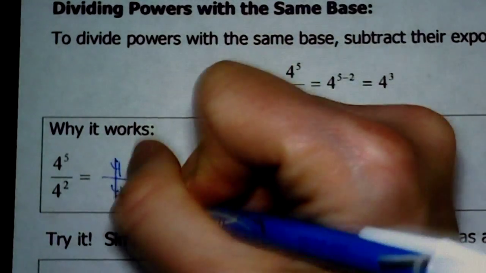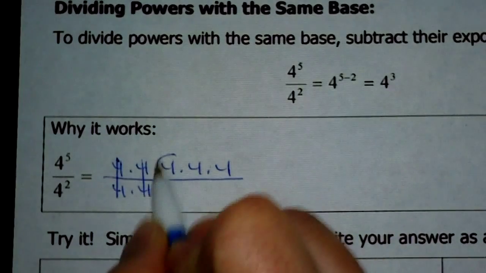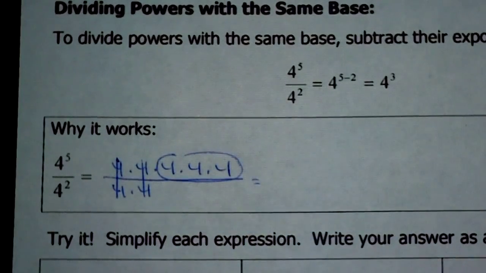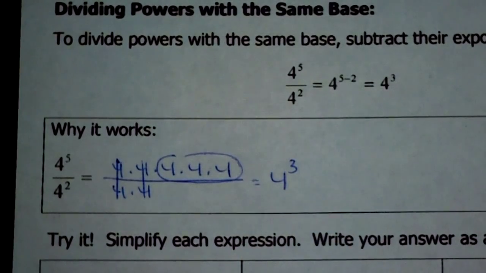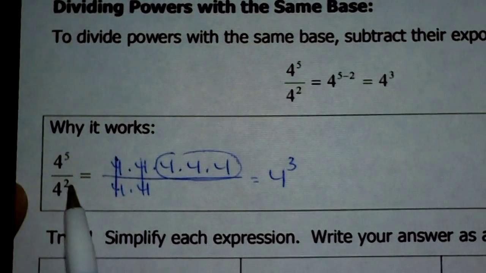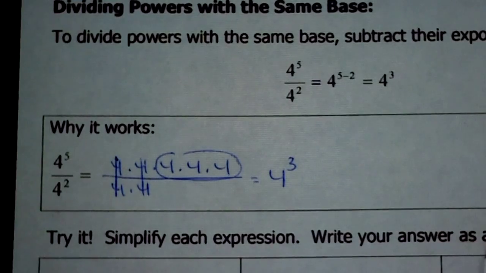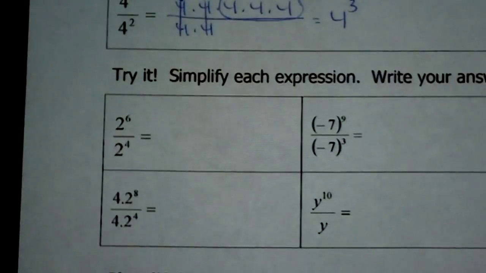So 4 divided by 4 is 1, and 4 divided by 4 is 1. And how many 4s do I have left after those have canceled, or divided out to be 1? Yep, 3. So instead of writing all of those out, you can just simply remember, oh yeah, I end up canceling 2 of those 5 out, because when you divide a number by itself, you get 1, and 3 are left.